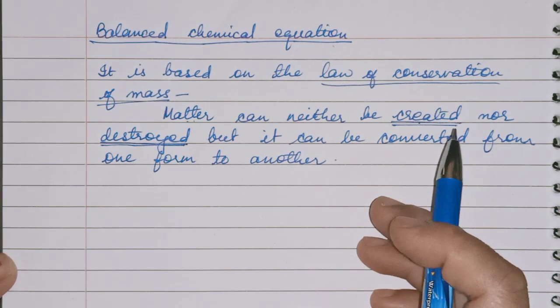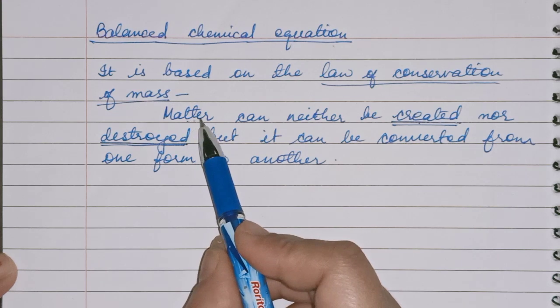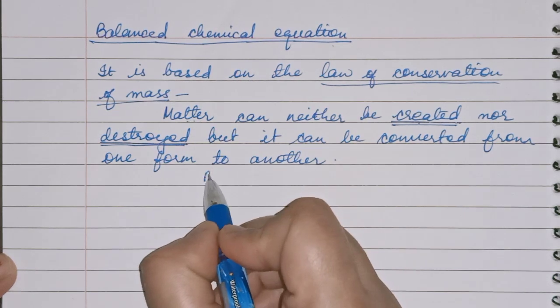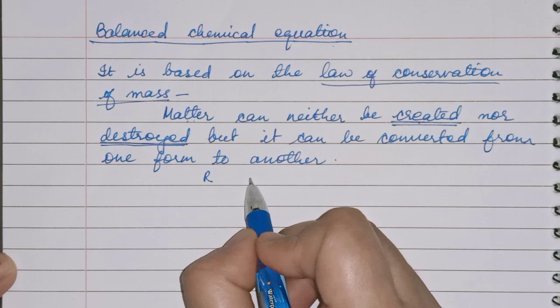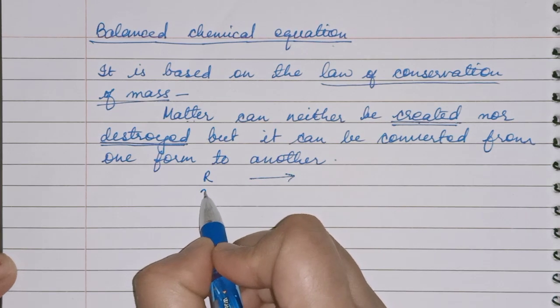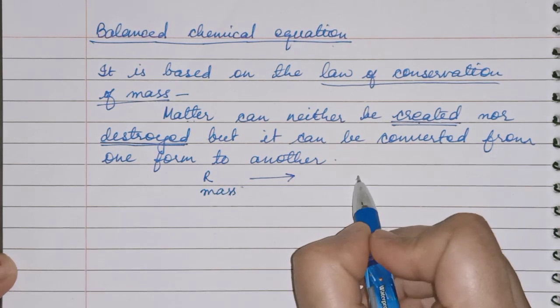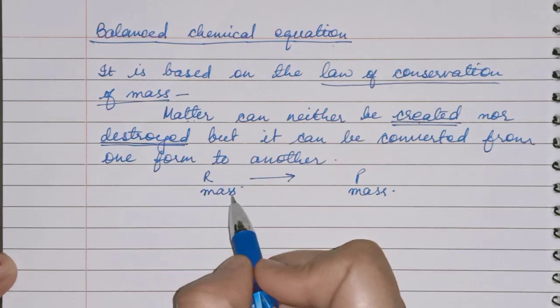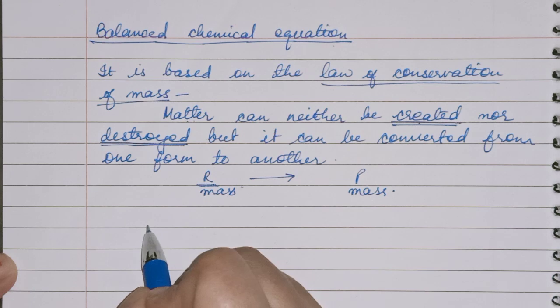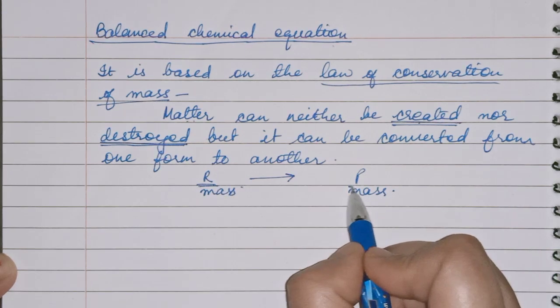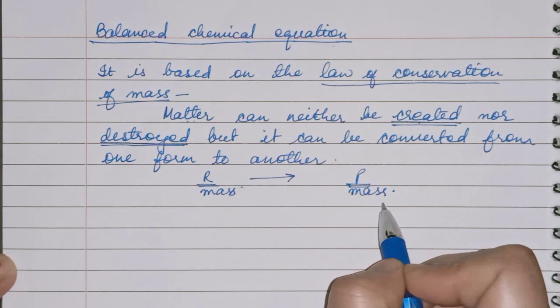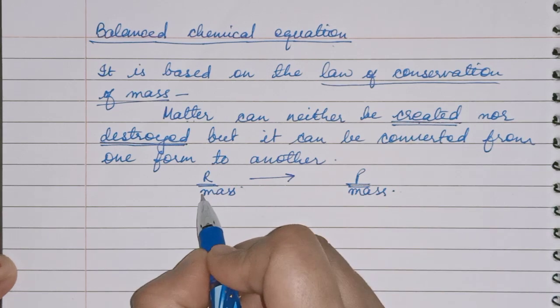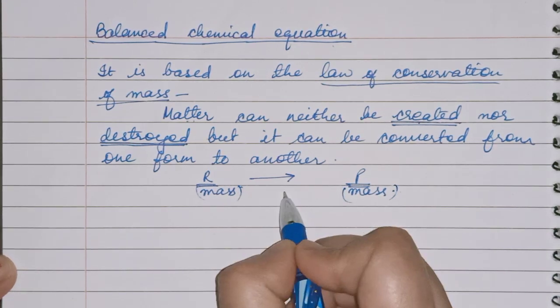That means whatever reactant you have taken before the reaction, that same mass of product will form. Whatever mass of reactant is there, after the reaction you will get the same mass of product. So here the mass will be the same.